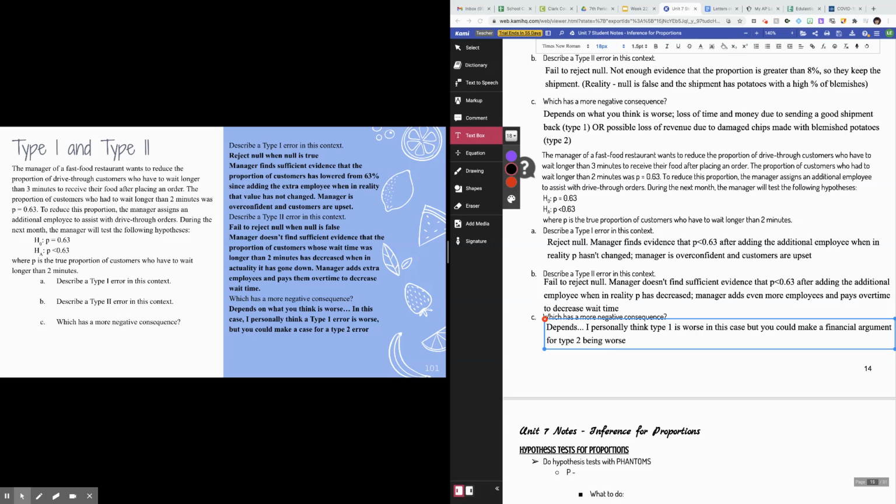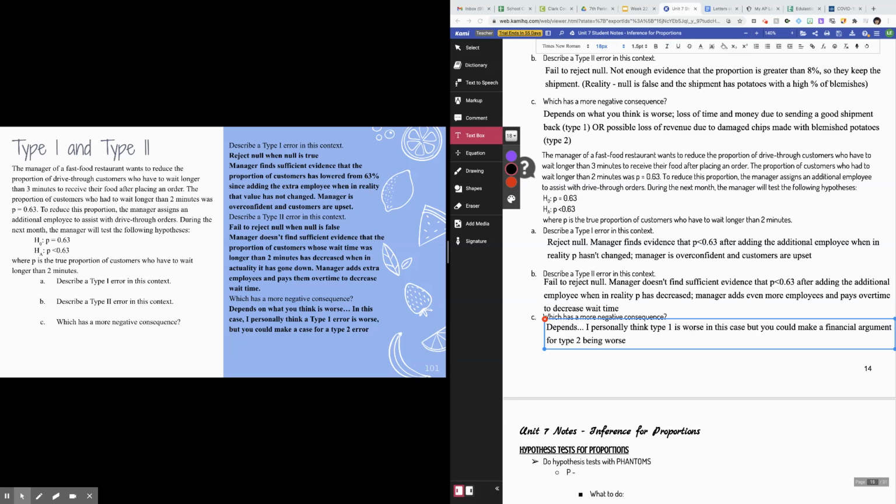So the manager thinks that they've made a good decision and lowered the proportion, but it hasn't actually done anything. A possible consequence of this is that the manager might be overconfident, but the customers are upset because the wait time has not changed.